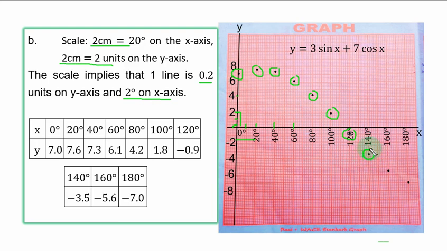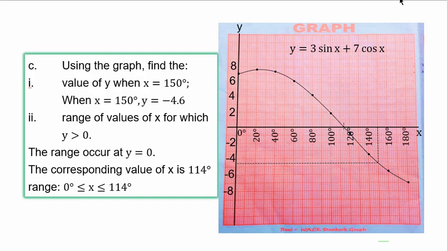When s is 160 degrees, y is minus 5.6. And when s is 180 degrees, y is minus 7. After this, you join all the points together. Now all the points have been joined together.